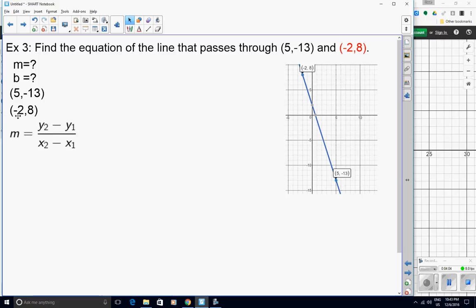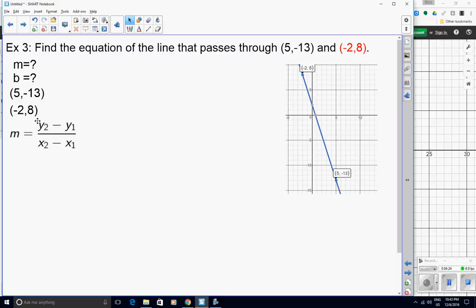I'm going to choose the second point here to be my point number 2, which means that this will be y2, and the -13 will be y1. You can do this in the opposite order as long as you're consistent. If the -13 is your y2, then the 5 needs to be your x2.